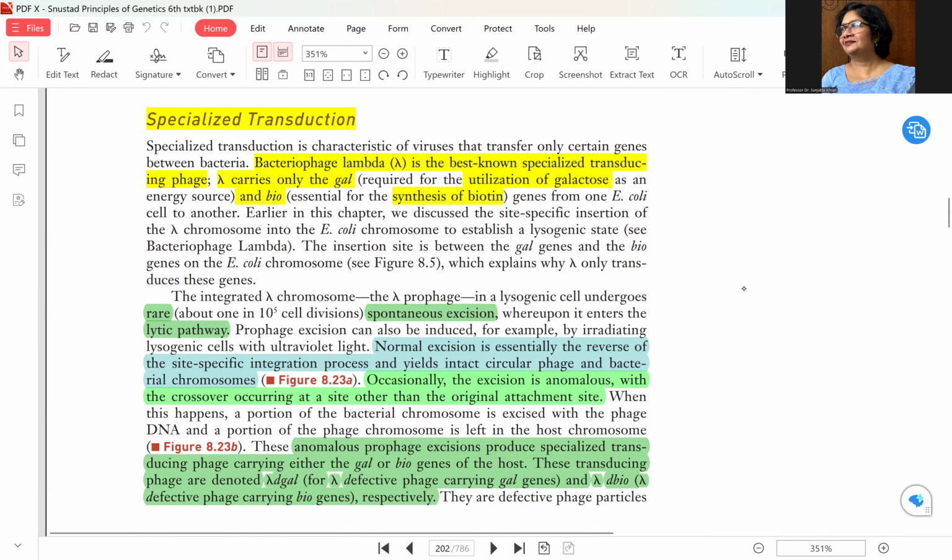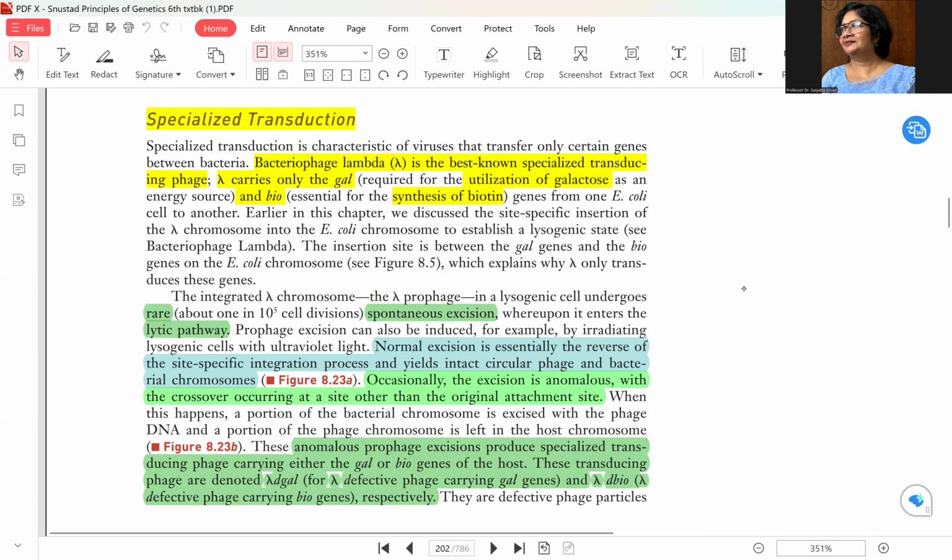Now, once again, when the lambda DNA detaches, it can make mistakes by carrying out homologous recombination with a random bacterial sequence which is present close to the site of the integration of the lambda DNA. So it can accidentally carry bacterial DNA which is present adjacent to the two ends of the lambda DNA.